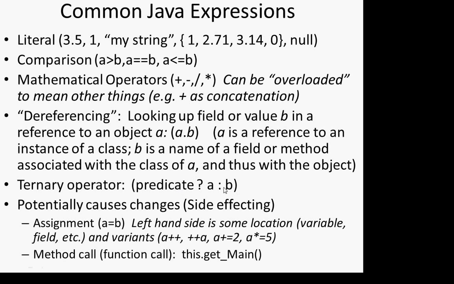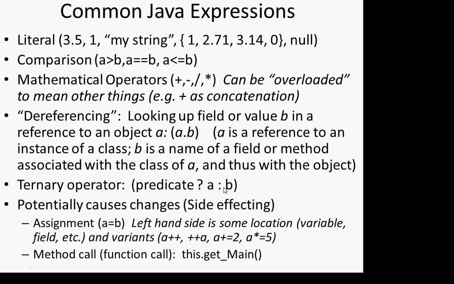So the predicate may test, for example, what's the sex of the person. If they're male, it will return one thing, female will return another thing. And then there are some expressions that cause changes. A equals B is an expression that computes a value, whatever is in B, but it also changes A in the process.